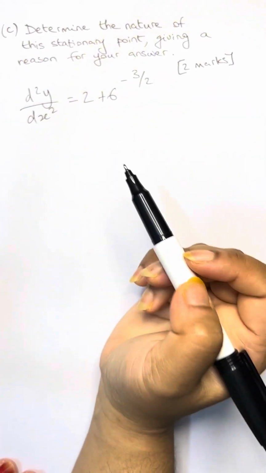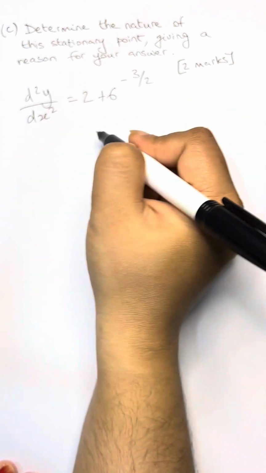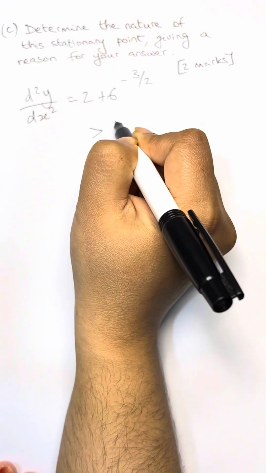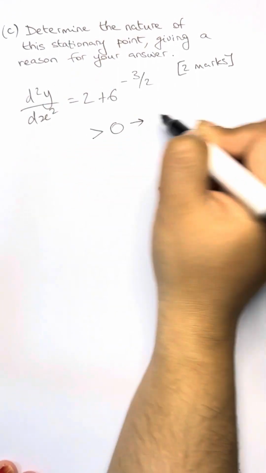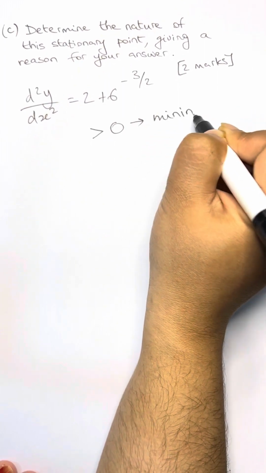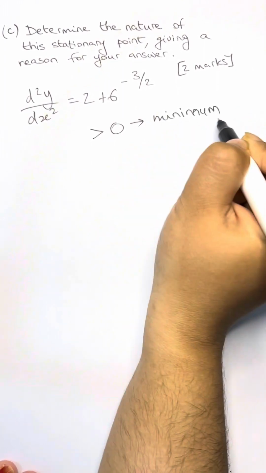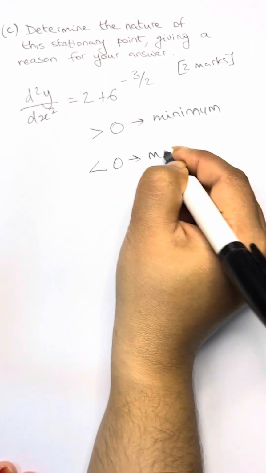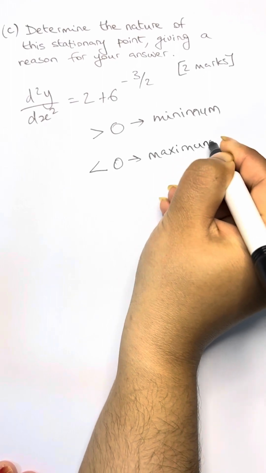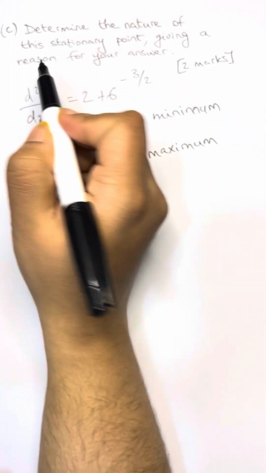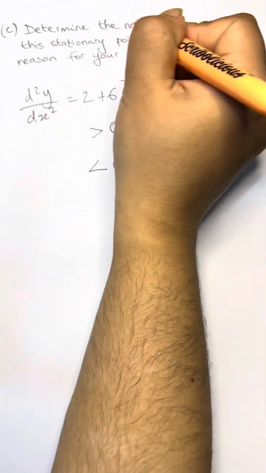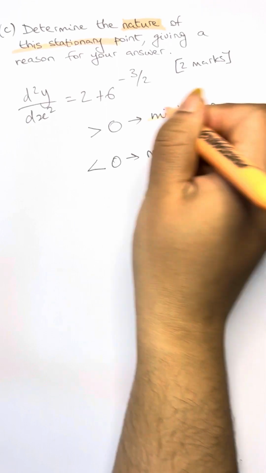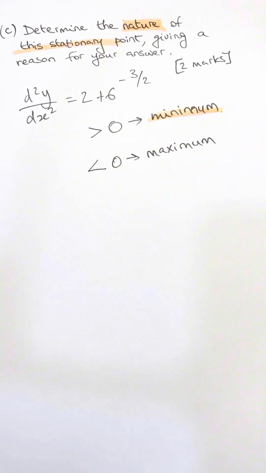So what we need to focus on is that if the second derivative is greater than 0, then this is going to be called a minimum point. If it's less than 0, then it's going to be a maximum. Okay, so that's how you know what they're asking. When they ask for the nature, they're trying to understand whether this is a minimum or a maximum.